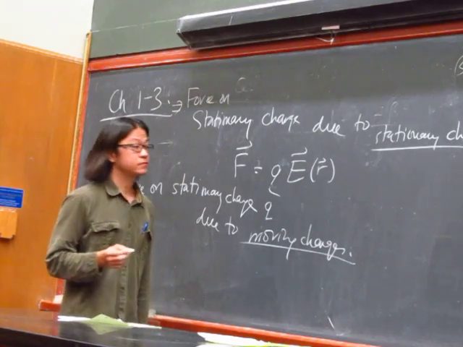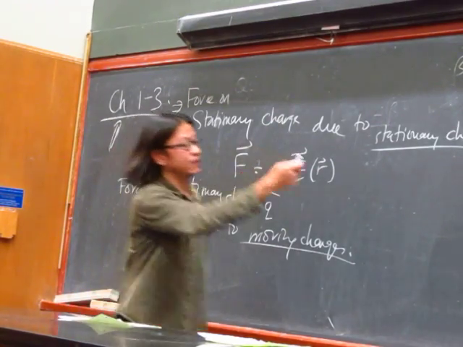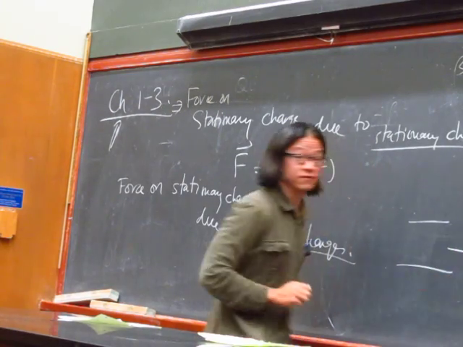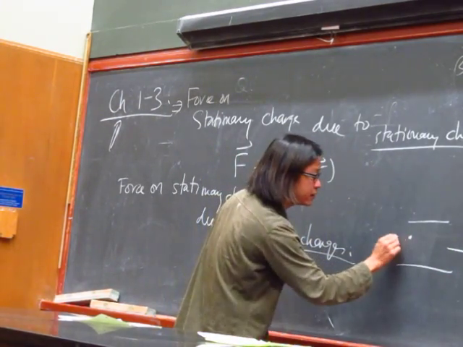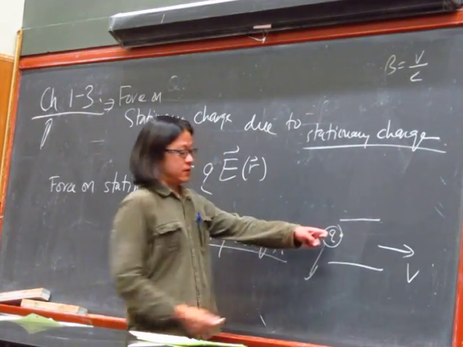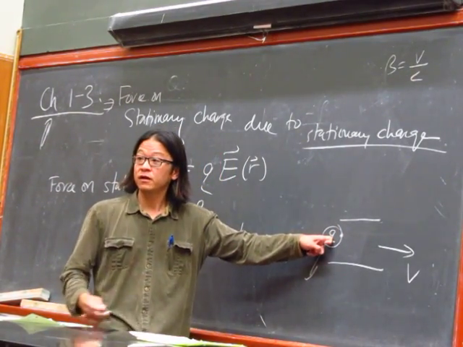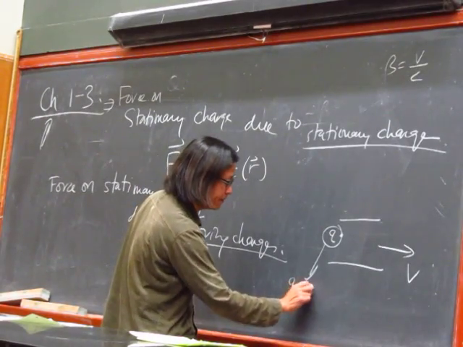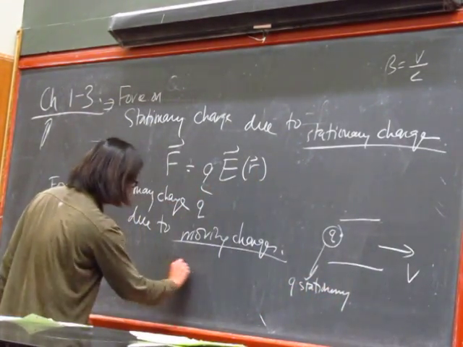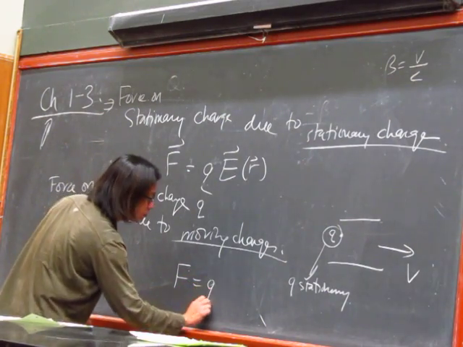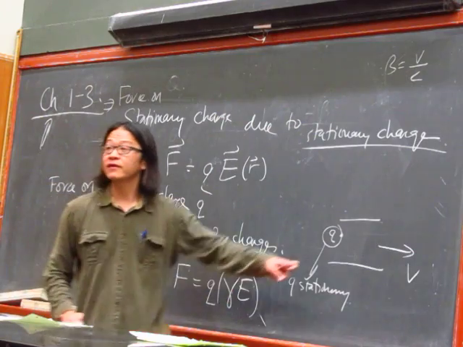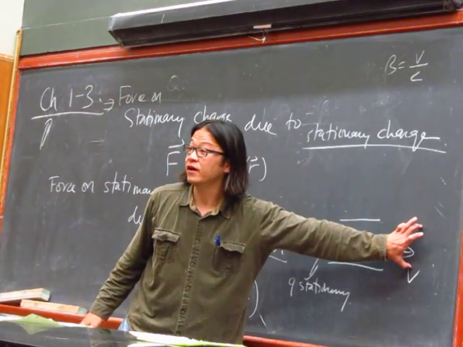Say in this case I have a parallel plate that's moving at some velocity v, and I want to look at the force on Q. Q is a dash charge that belongs to Charlie, and Q is stationary. We found the force on Q is just Q times gamma E. There's a gamma here because the plate is moving.